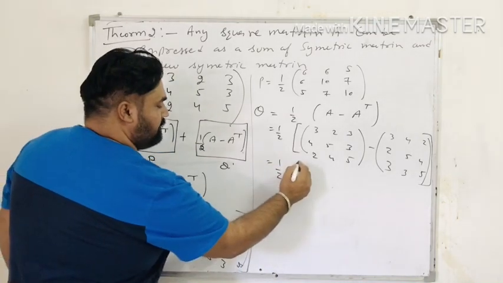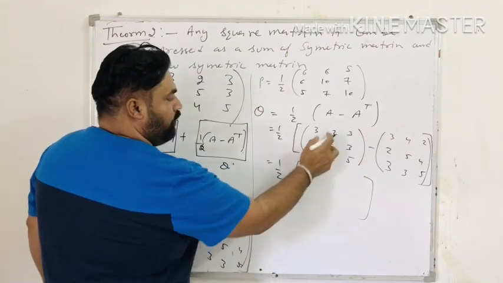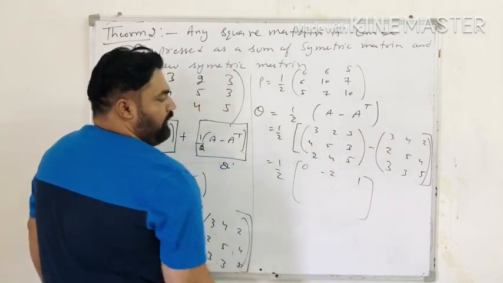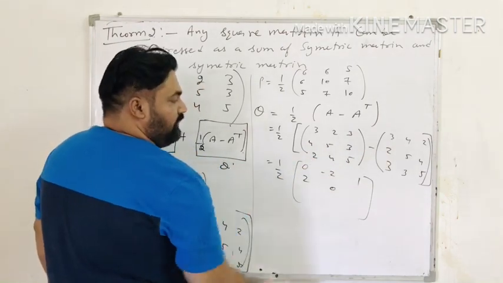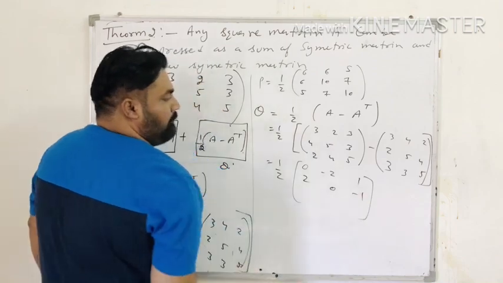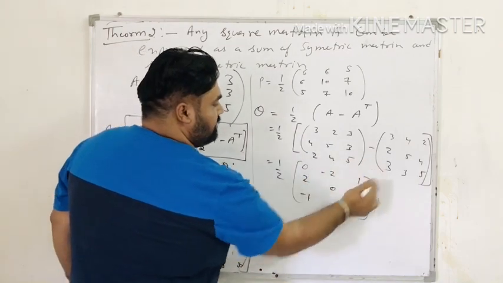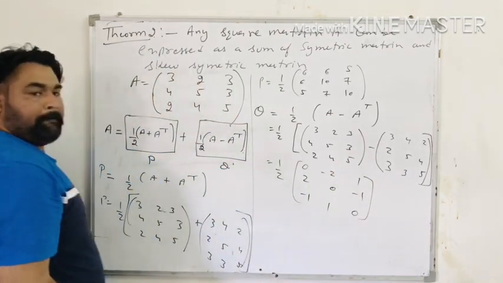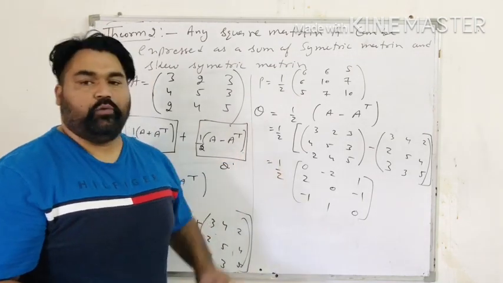Now half. 3 minus 3, 0; 2 minus 4, minus 2; 3 minus 2, 1; 4 minus 2, 2; 5 minus 5, 0; 3 minus 4, minus 1; 2 minus 3, minus 1; 4 minus 3, 1; 5 minus 5, 0. Now, in this way we find the value of Q.